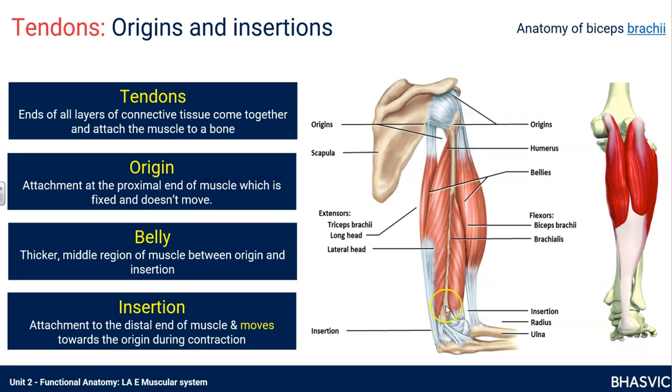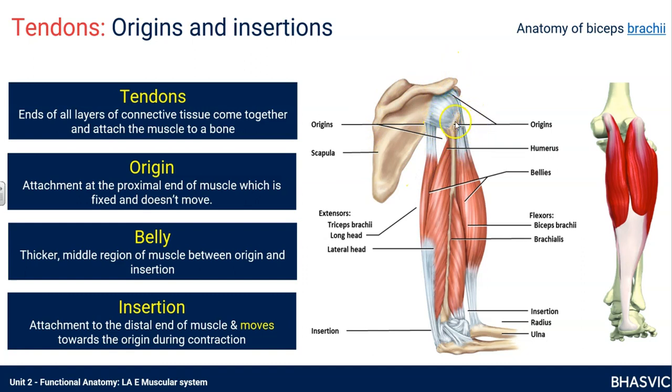What you've got to know is, what is a tendon? It's the connective tissue that attaches muscle to bone. And you've got to also know that we've got a name for the two ends of the tendons at each end of the muscles. So if this was your shoulder blade, this is your shoulder joint.